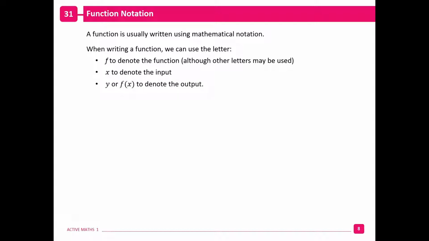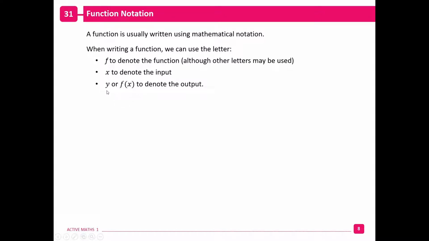Now for the outputs, we can use the letter y, and you will see that we have what looks like a letter f, a bracket with an x inside it, and a closed bracket. Now, both are just as common as each other.